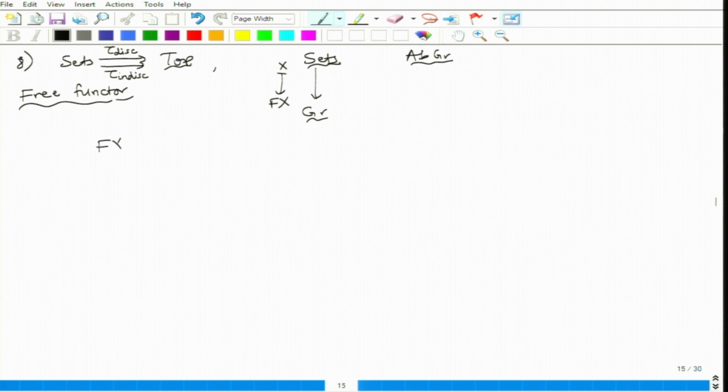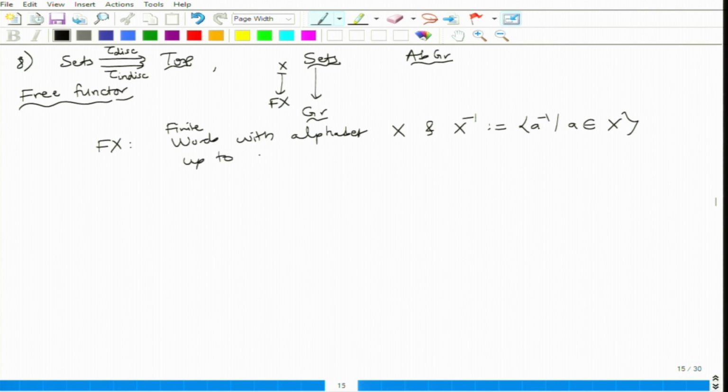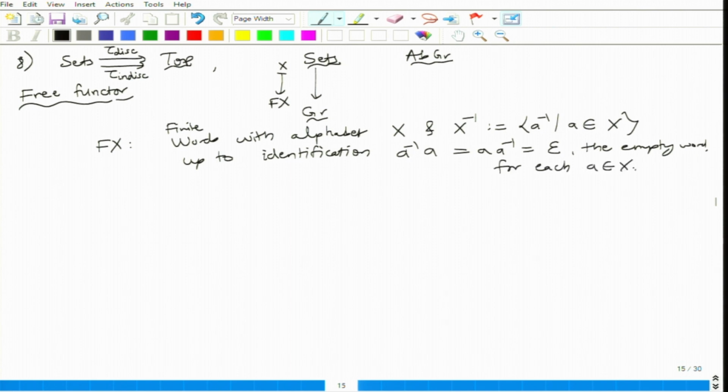So a free group is: you take finite words, and that's important, finite words with alphabet X and X inverse, which is simply A inverse for A in X, up to identification A inverse A equal to A A inverse equal to epsilon, where epsilon is the empty word, for each A in X. So that's a free group.